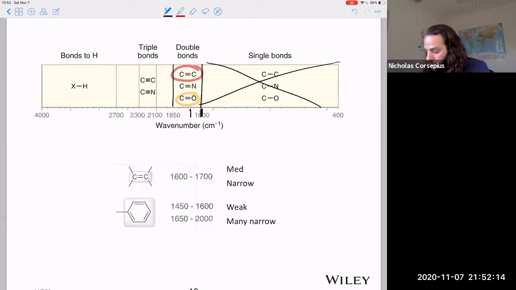You can also, if you have a benzene ring, there will be this carbon double bond. However, they are terribly weak peaks. And sometimes you can't even really see much at all, except for what we call overtones, or barely some weeds in the grass there. So I don't really use this double bond region to assess whether I have a benzene ring.